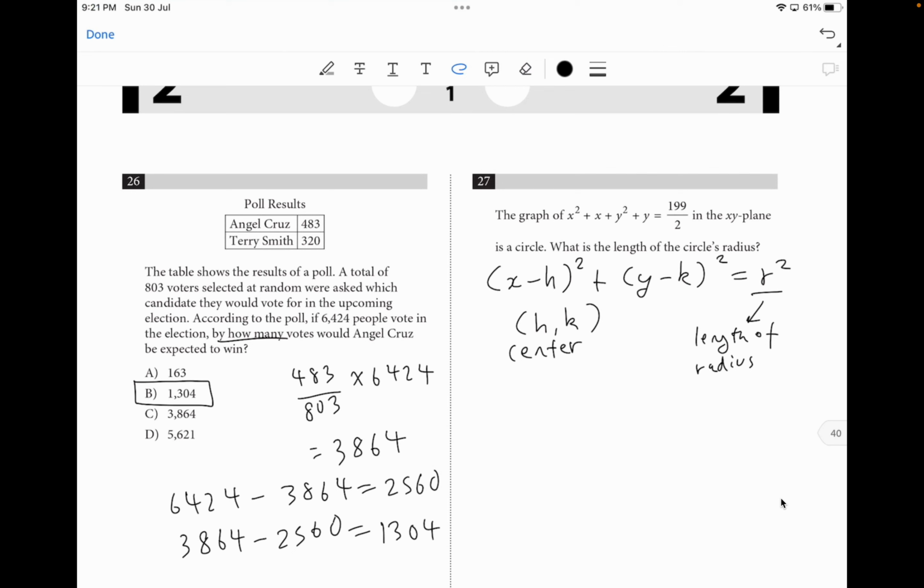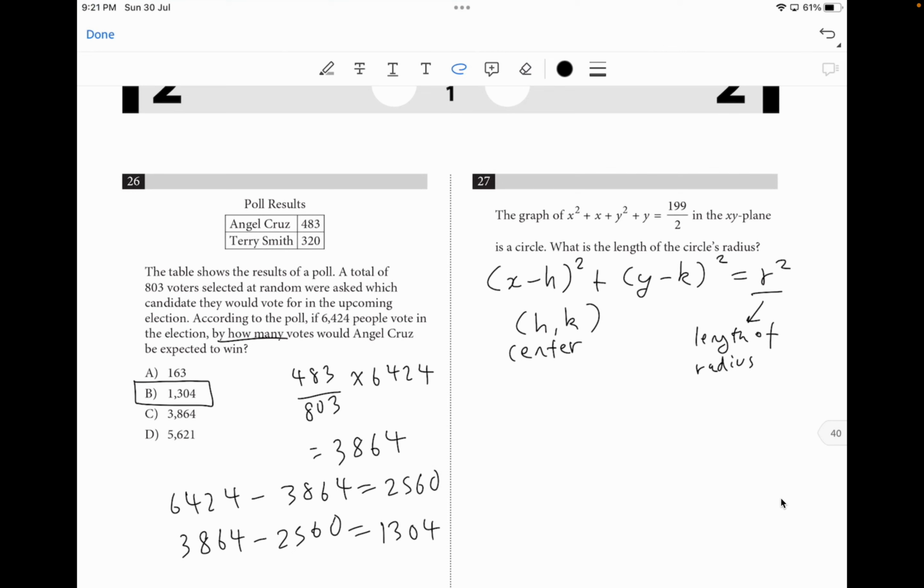The square of half the coefficient of x makes it 1 by 4. What we're trying to do is find the circle's radius, in the proper notation form.